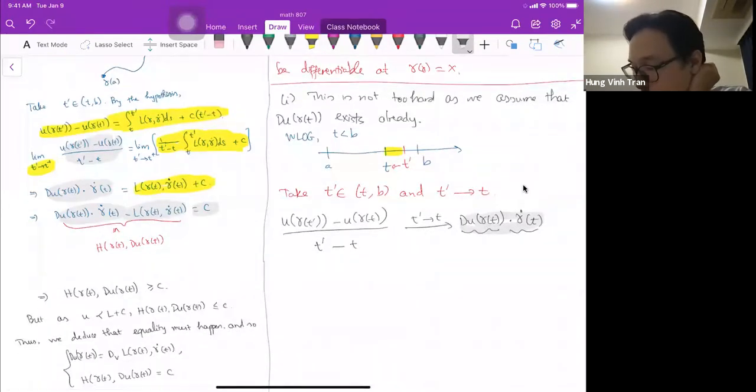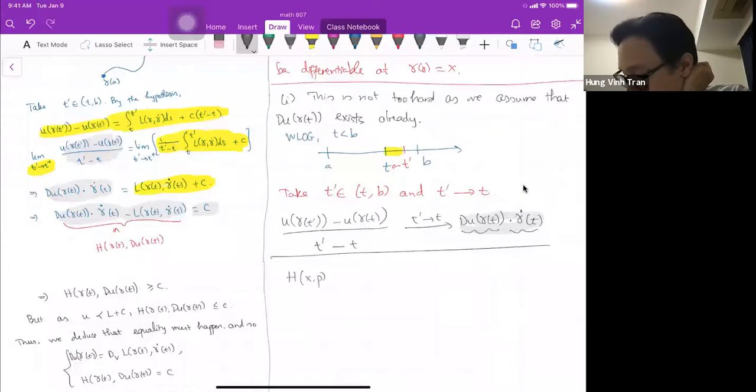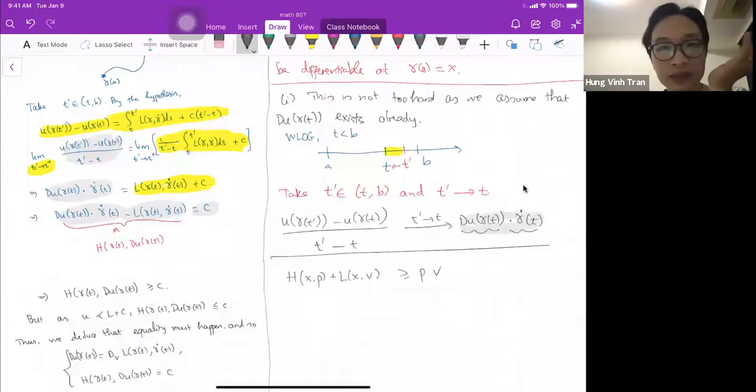And again, I'm just using the fact that H of x, p plus L of x, v is greater than or equal to p dot v, because it's just the duality inequality.